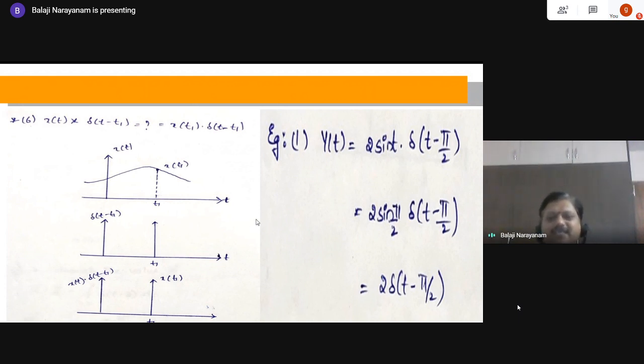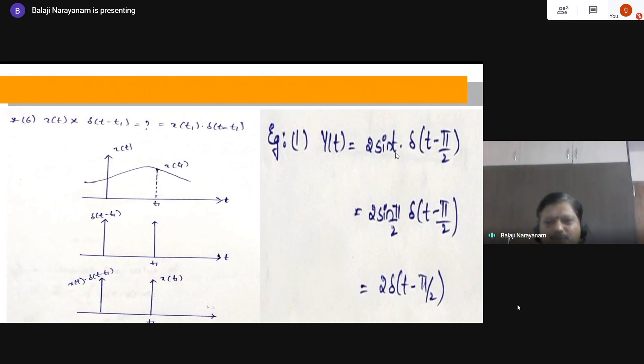Now let us take a simple numerical example for this one. 2 sine t multiplied with the delta of t minus pi by 2, and this is of the form again x of t multiplied with the delta of t minus t1. Now in place of t1 we may substitute pi by 2.